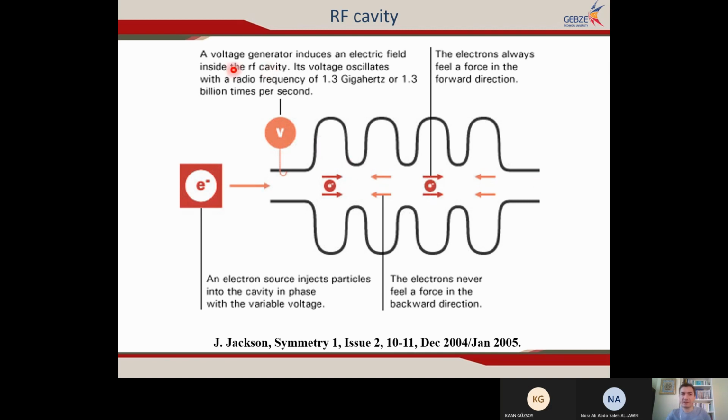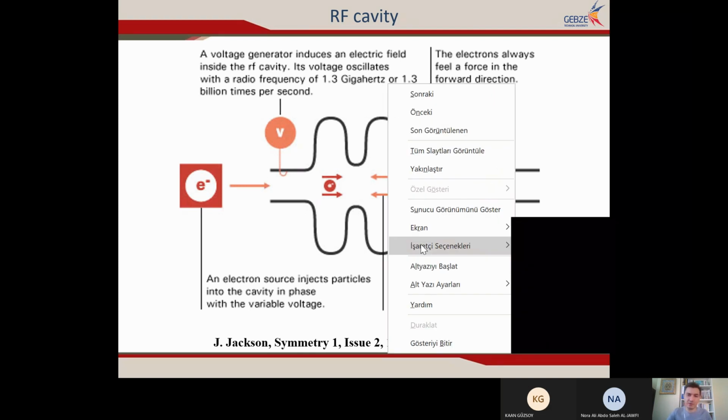So how to do that? It is done by using the RF sources. We have an RF voltage generator, and whenever the electron enters the second part, it feels again a force in the forward direction. Again, when the electron enters the third cavity, it feels a force in the forward direction. So the electrons always feel a force in the forward direction.